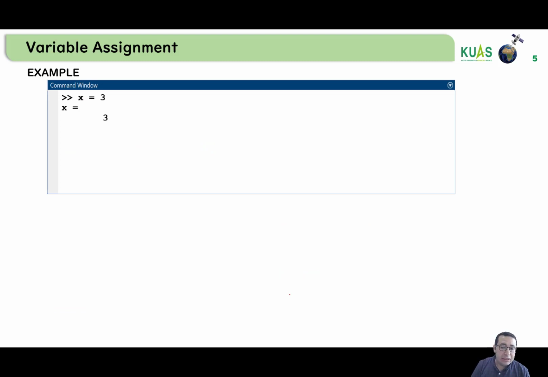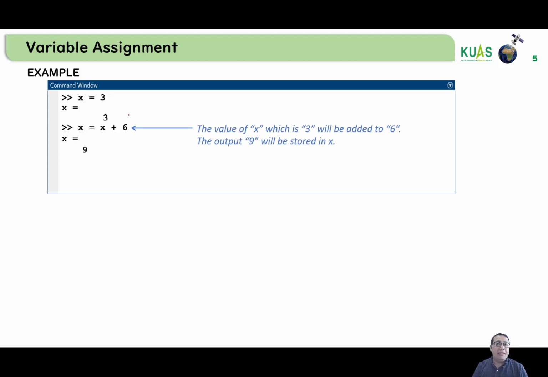Let's consider this example. If we say x equals 3, it stores the value 3 in the variable x. Then let's say that x is equal to x plus 6. This x has a value of 3, so 3 plus 6 is equal to 9.